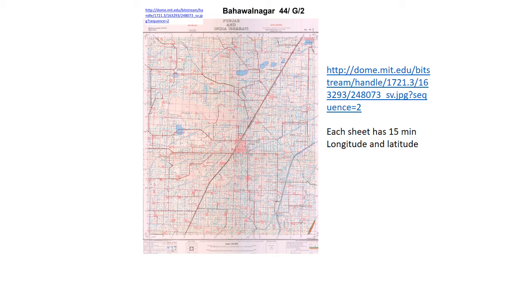It is written 73, that is longitude. And if you go toward the right side, at the end it will be 15. So this whole area is for 15 minutes of the angle.